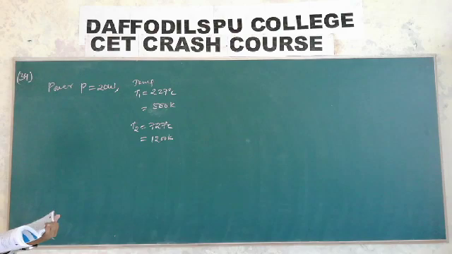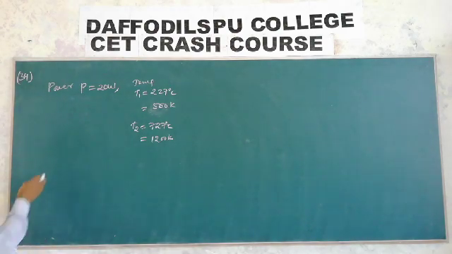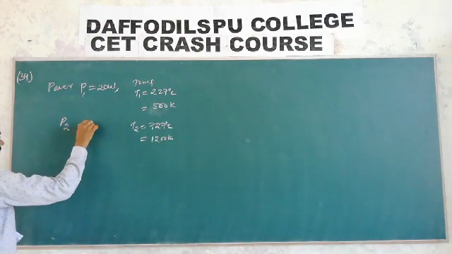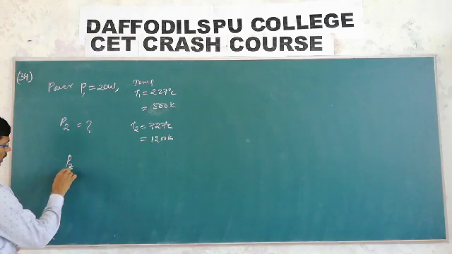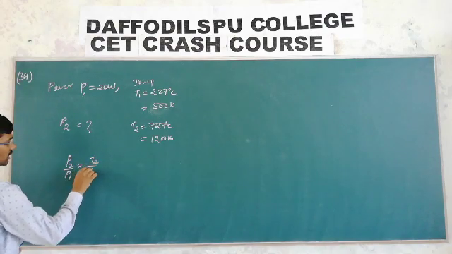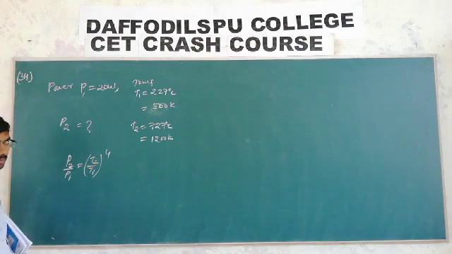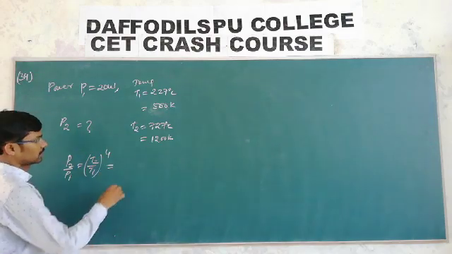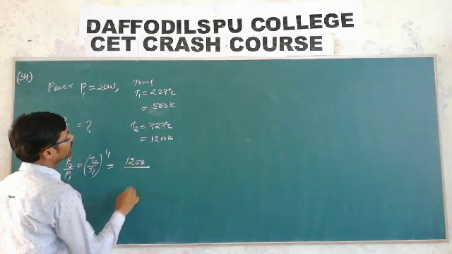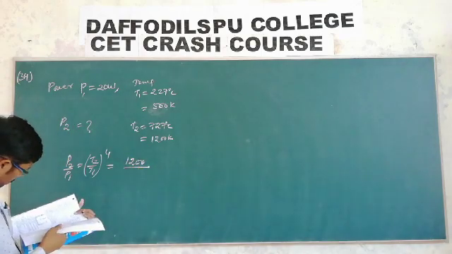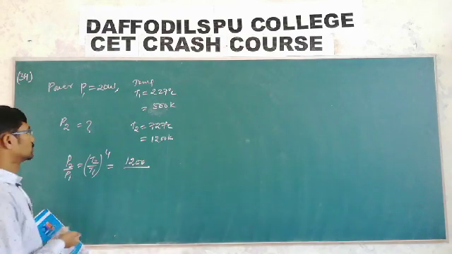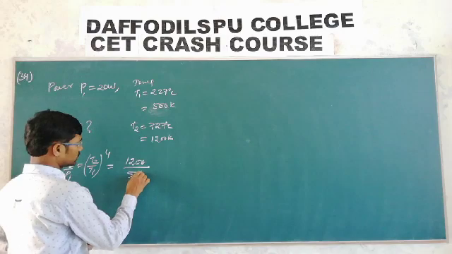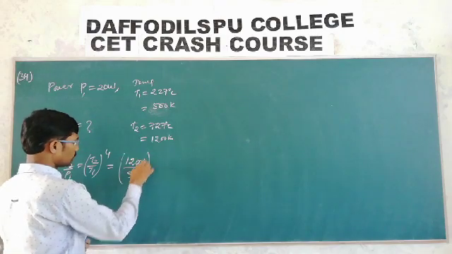The radiating power will be changed to P2 is equal to what? Let us see what we know. P2 by P1 is equal to T2 by T1 whole power 4. Then T2 is equal to 1200 Kelvin, and T1 is 227 degrees Celsius, which is 500. This one cancels, whole power 4.